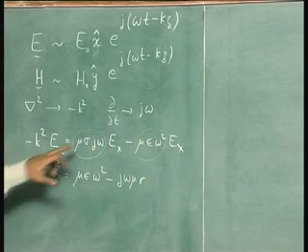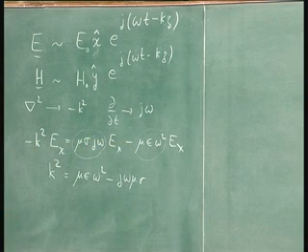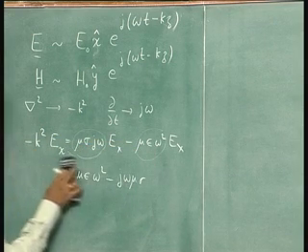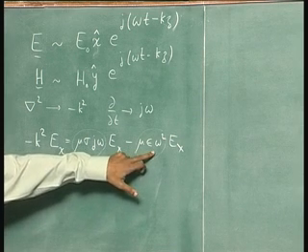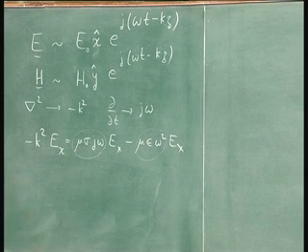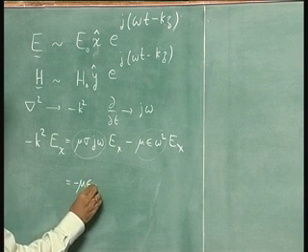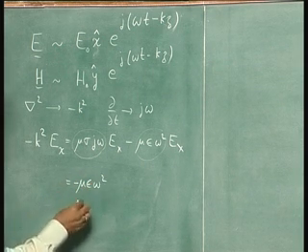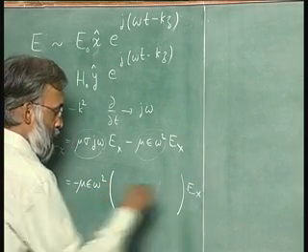For that, what I am going to do is I am going to combine these two expressions. I know for my material, which is a lossy dielectric, this term is more important. That is to say, it is a high frequency, low conductivity case. So, in that case, what do I get? I will get minus mu epsilon omega squared times Ex.